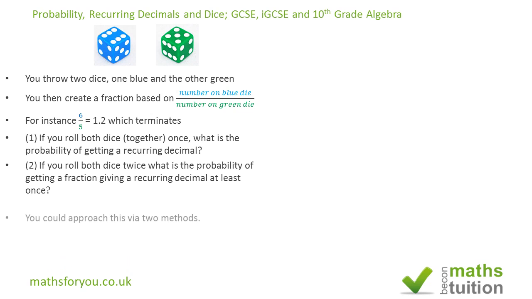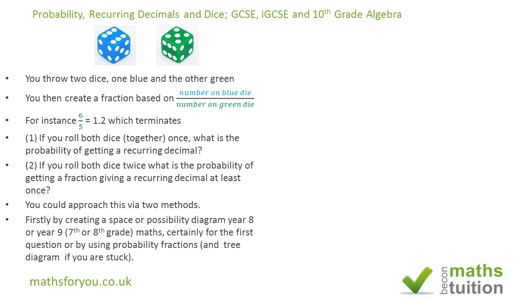Now, for the first one, certainly you can do that quite simply. If you go back to your days in years 8 and 9 or 7th and 8th grades, you can do this one by a sample space diagram or possibility space diagram.